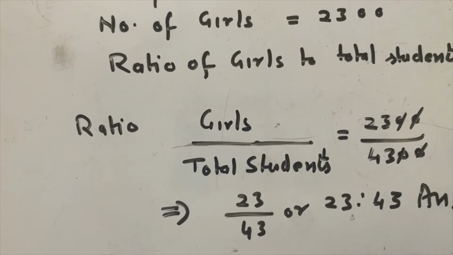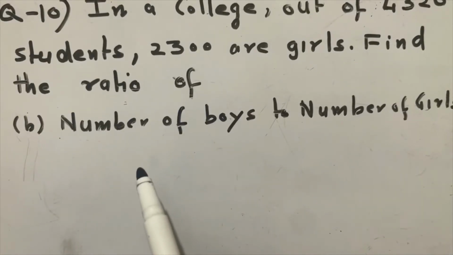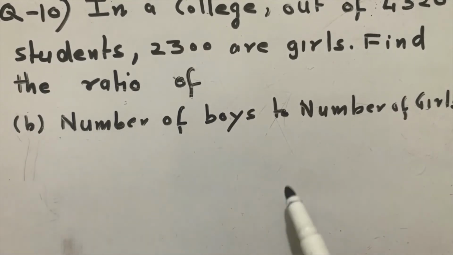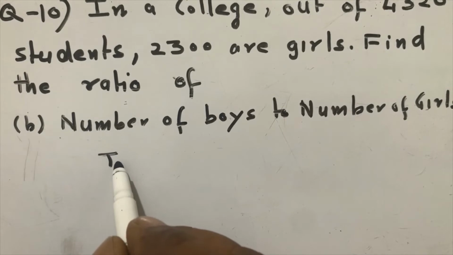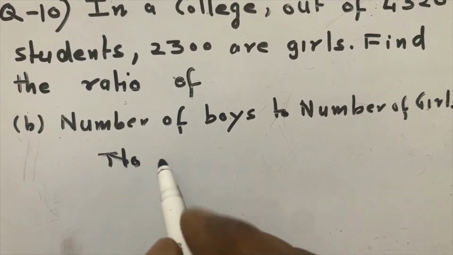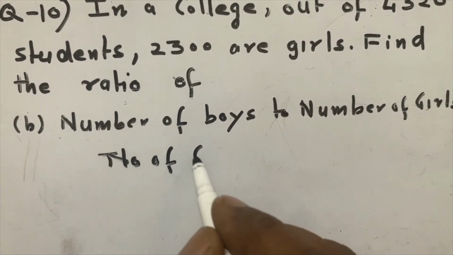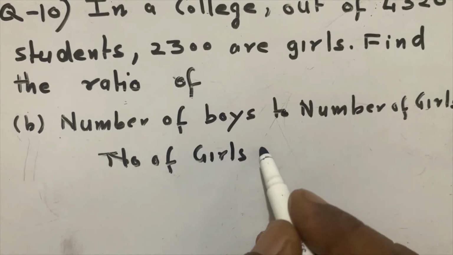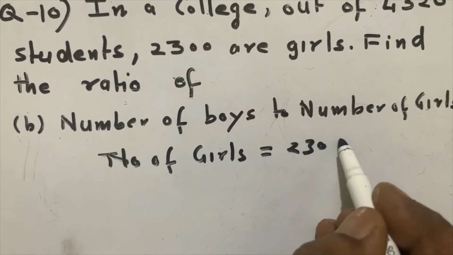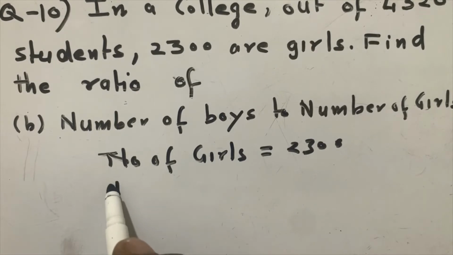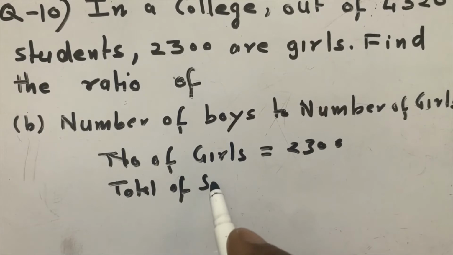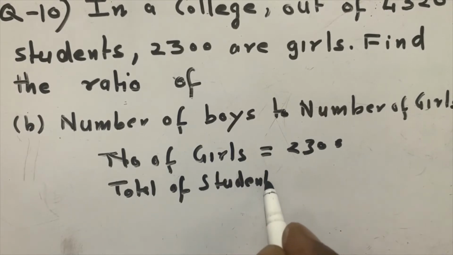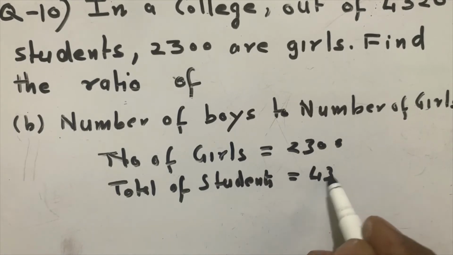Okay, answer. Question part B: ratio between the number of boys to the number of girls. Number of girls is 2300 given. Total number of students is 4300.